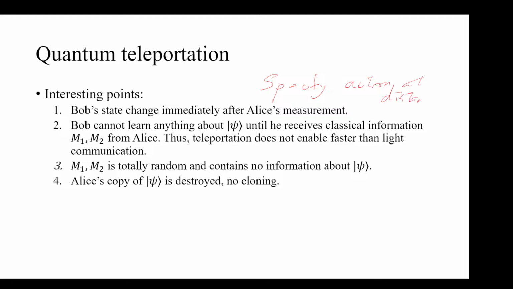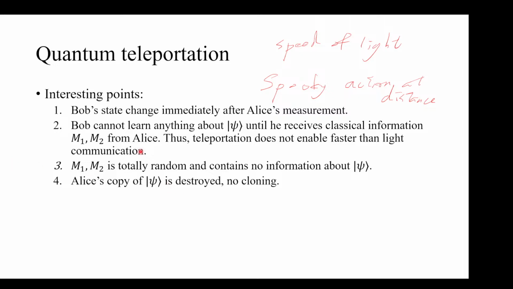This makes physicists really unhappy, especially Einstein, because Einstein says that information can only travel at the speed of light. Then how can your quantum measurement change some state immediately at some place very far away?